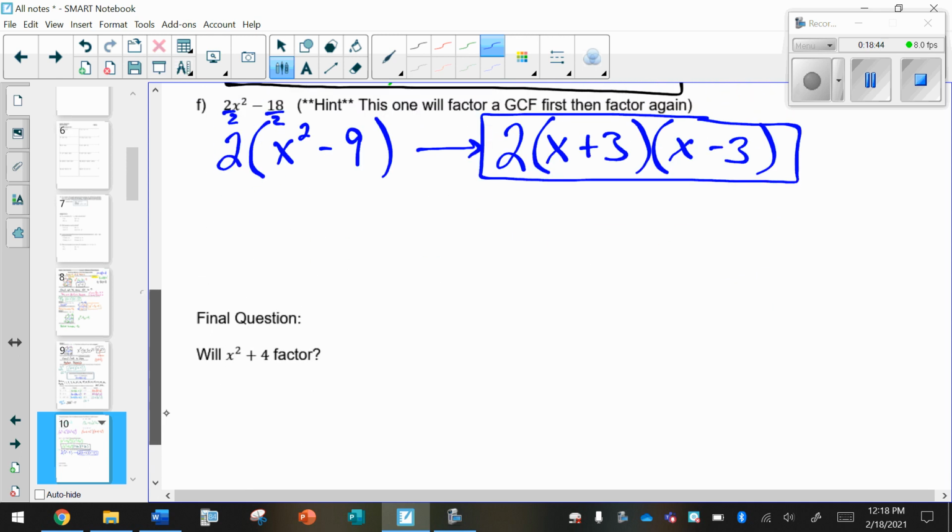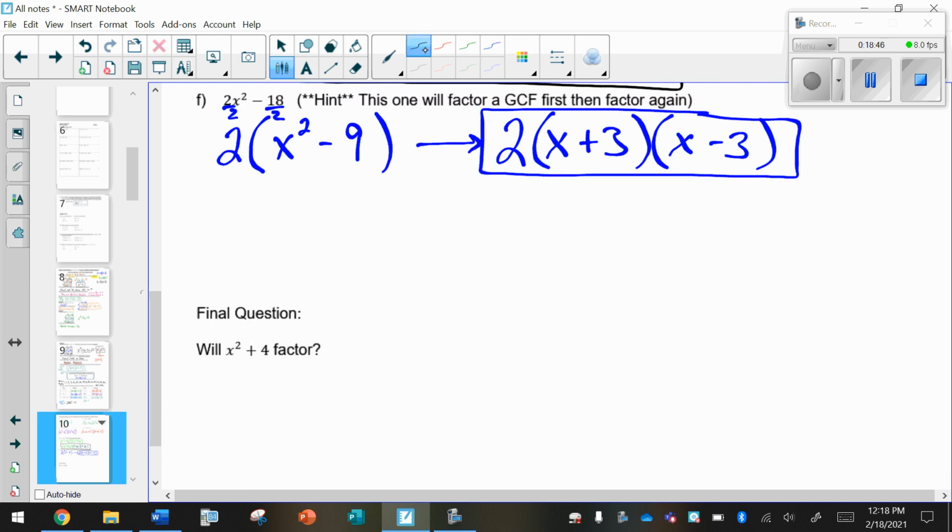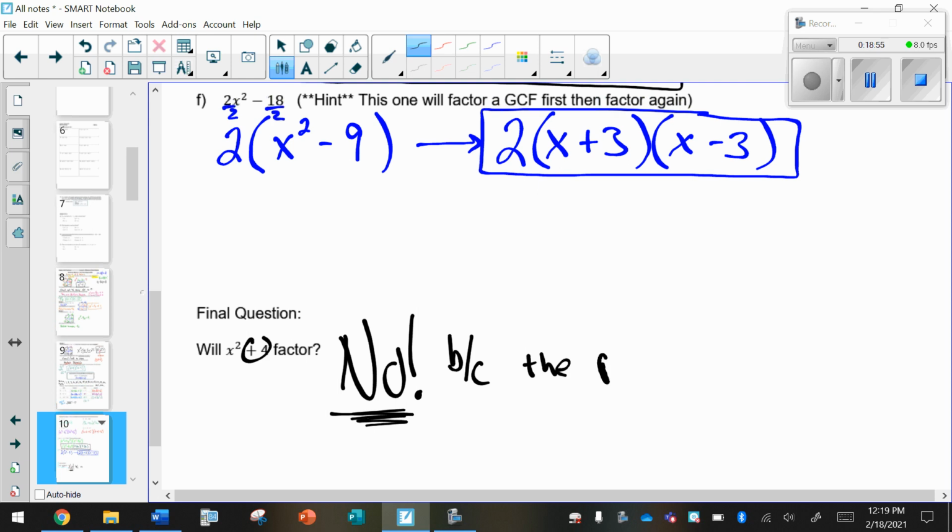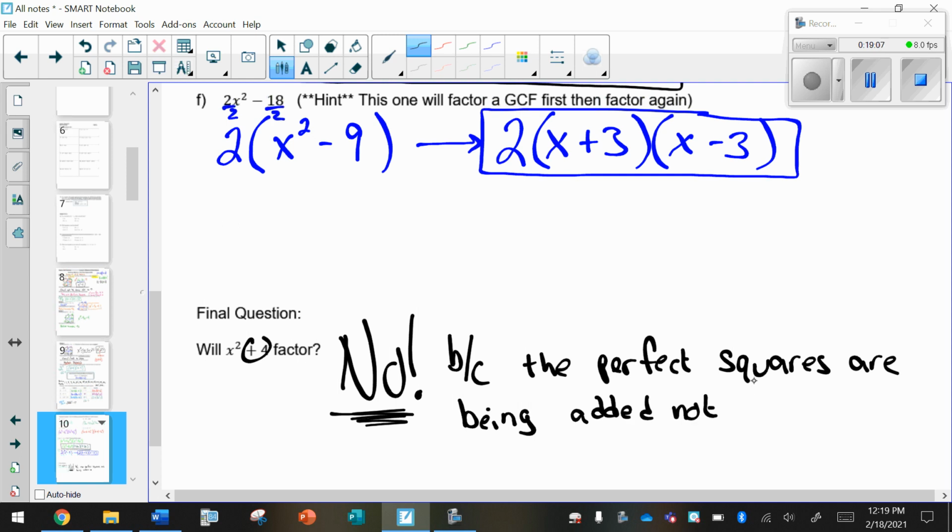All right, last one. Will x squared plus 4 factor? And the answer is no. And if you're going too fast, you're going to make that mistake. No, because the perfect squares are being added, not subtracted.